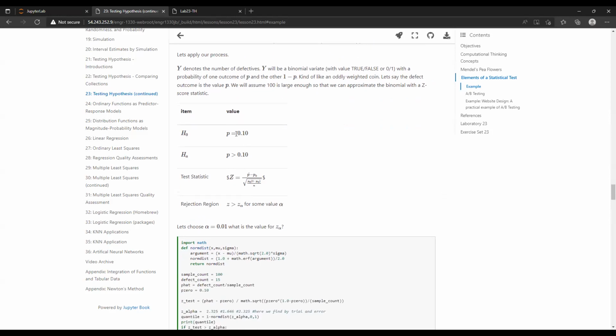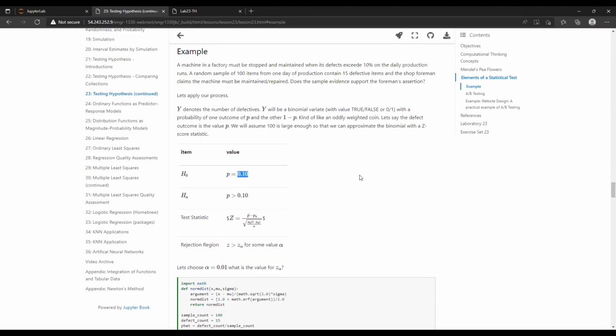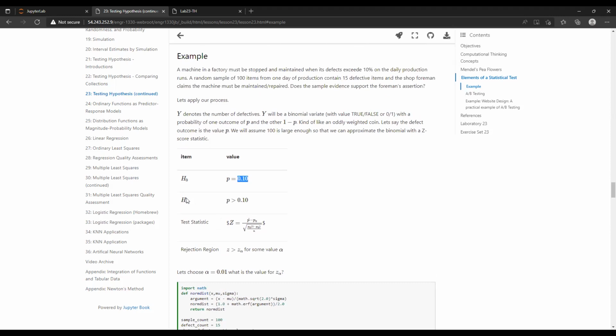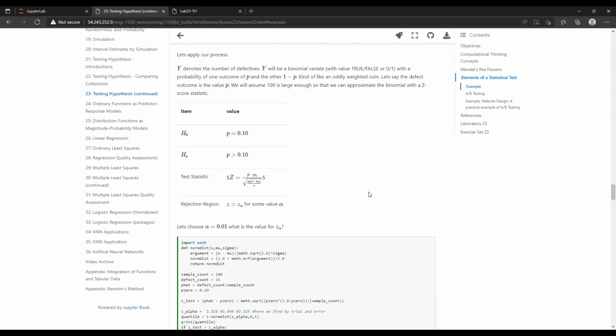All right. So our null hypothesis is that the defect likelihood is going to be 10%. The place we reject the null hypothesis will be the defect likelihood being greater than 10%. Our test statistic is the normal one.